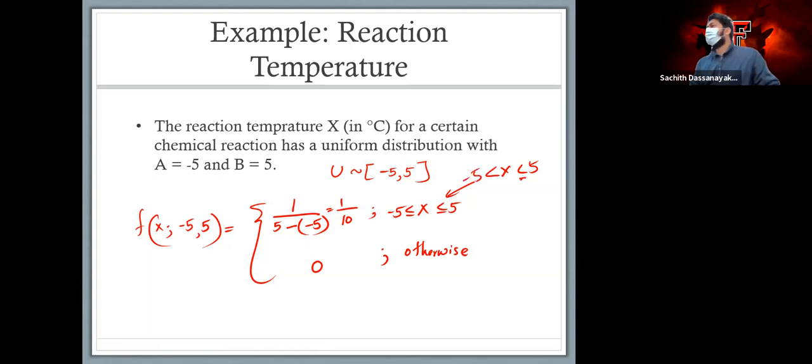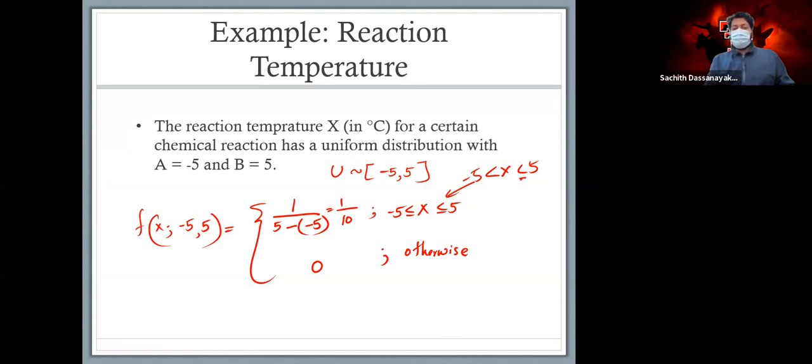This is also fine because we are considering continuous values. So 5.001 and 5.0000001 doesn't matter. You can include 5 or exclude 5. That's the same thing. It doesn't change your probability value.